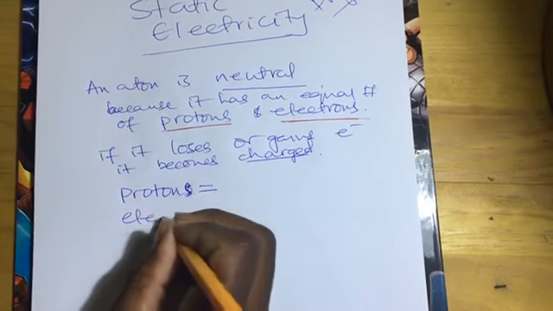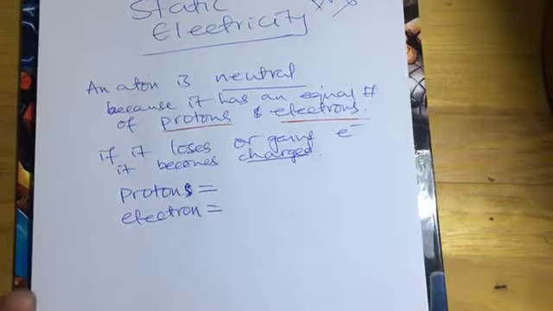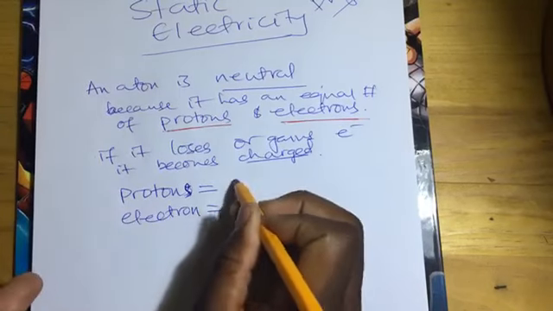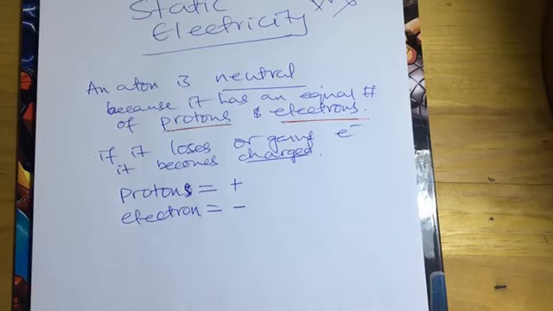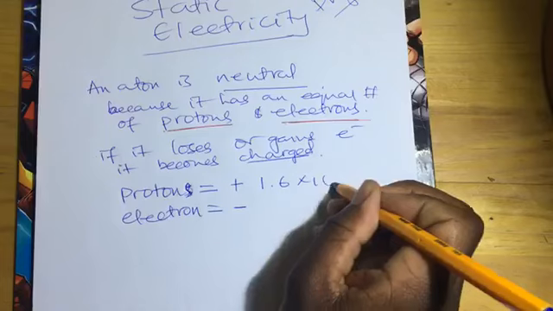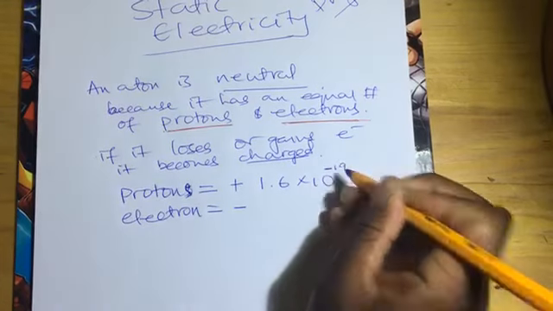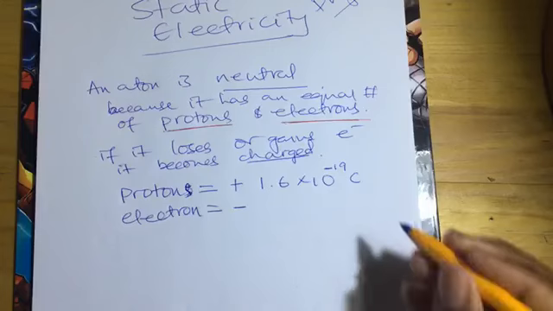Each electron has a particular charge. And as we know, protons are positively charged, electrons are negatively charged. By convention, a proton is said to have a charge of 1.6 times 10 to the power 19, and the unit for charge is coulombs.